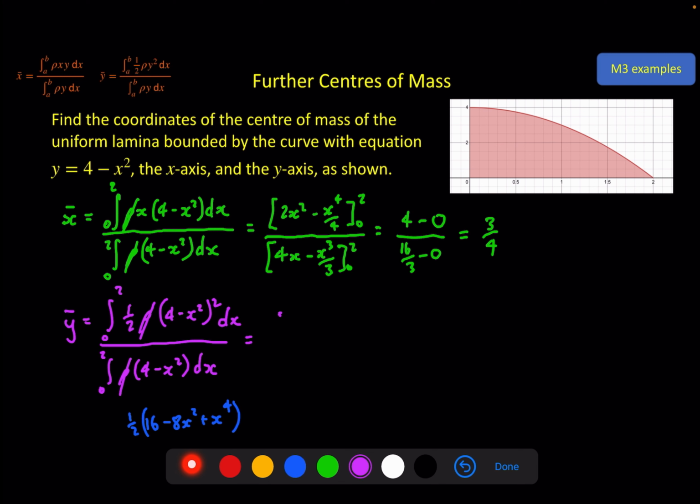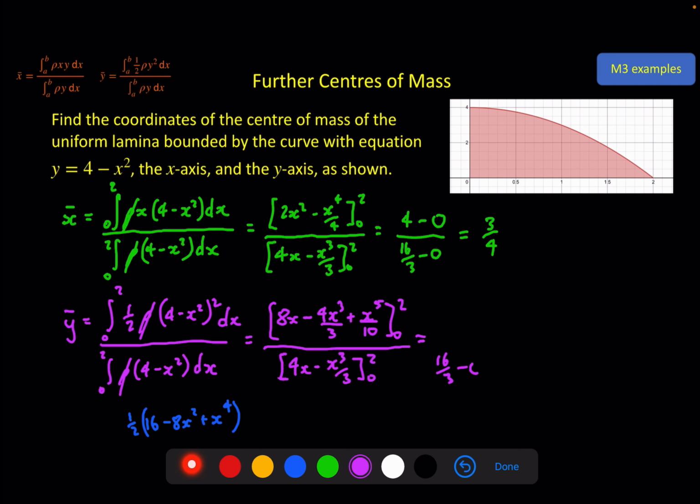So we end up with 8x minus 4x cubed over 3 plus x to the 5 over 10. Just copying this from the one above, and again 16 over 3 minus 0 from the one above, putting the limits into this one on the top, gives me 128 over 15 minus 0 for a final answer of 8 over 5. On the diagram then, that puts the centre of mass approximately here.